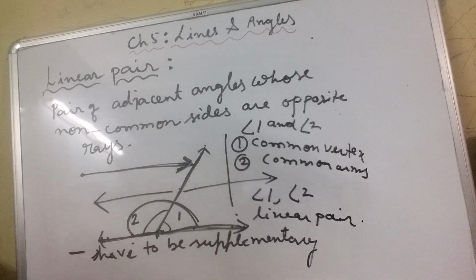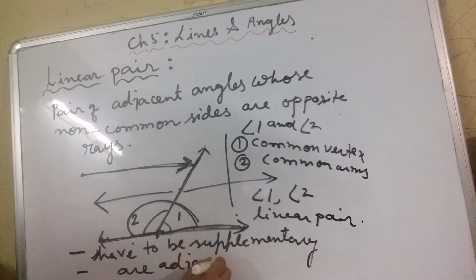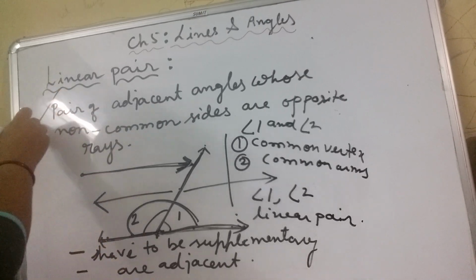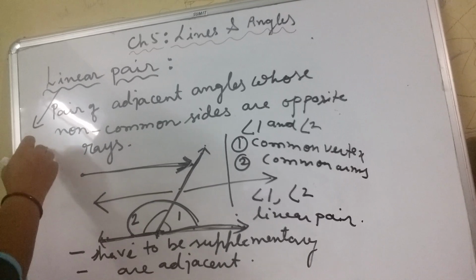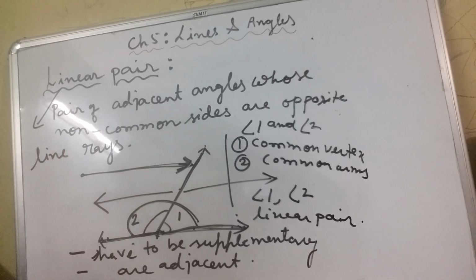And they are adjacent. Now the question may come to your mind: why are they called a linear pair? The word linear comes from line.